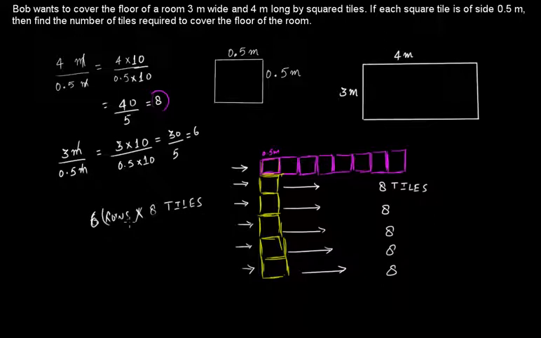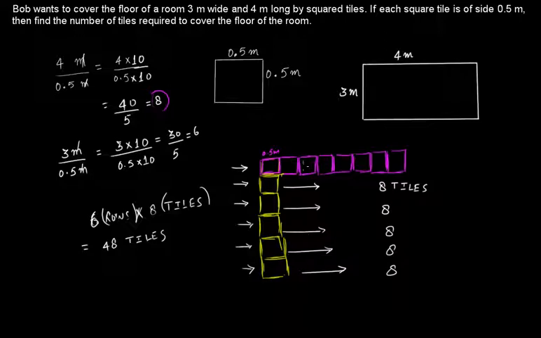This will give us 48 tiles. Total number of tiles is 48. This is the correct way of finding the number of tiles required.